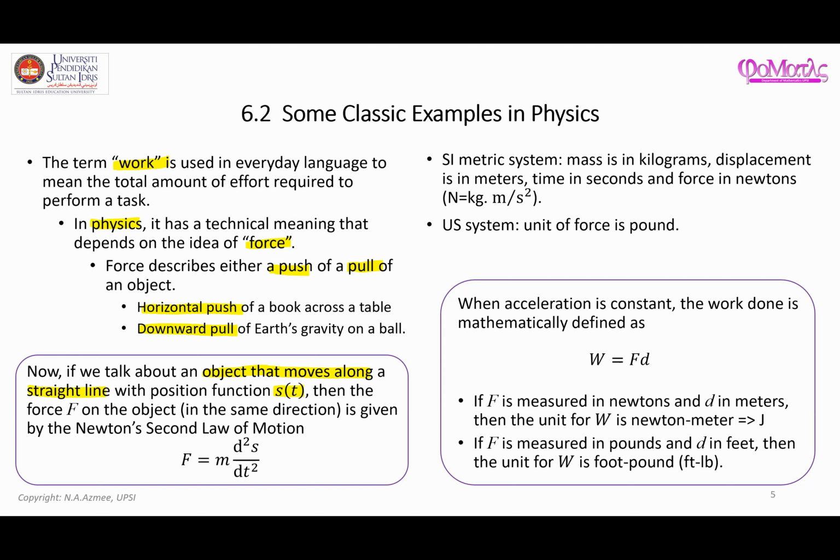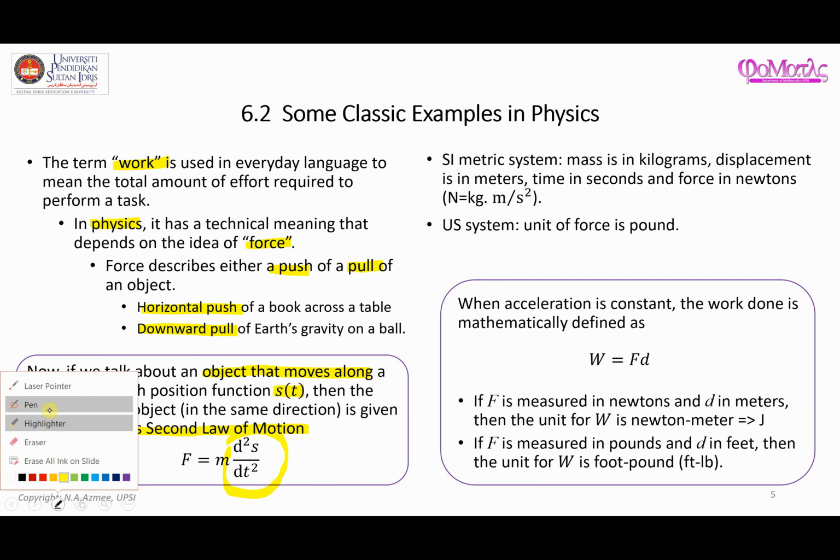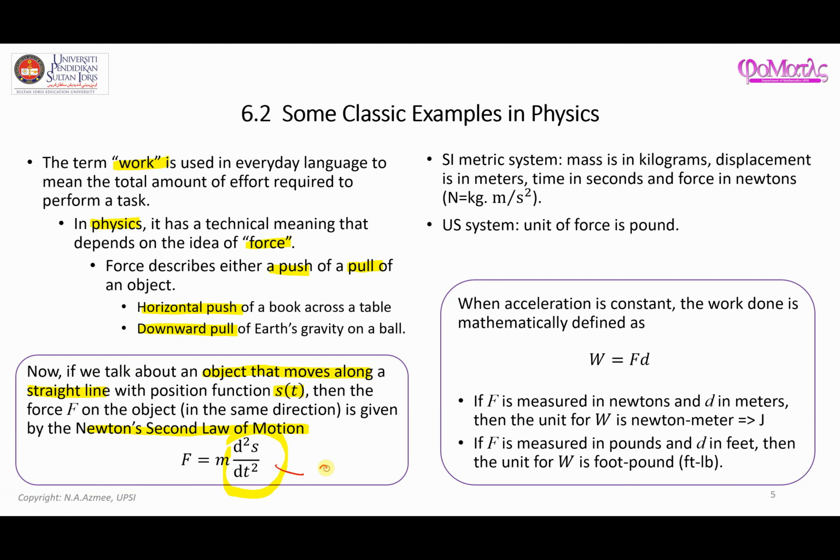Then the force on the object in the same direction is given by Newton's second law of motion, which is this mathematical equation where the force is equal to m times the second derivative of this position function. Notice that this second derivative is just acceleration a, so therefore force is equal to m times a.